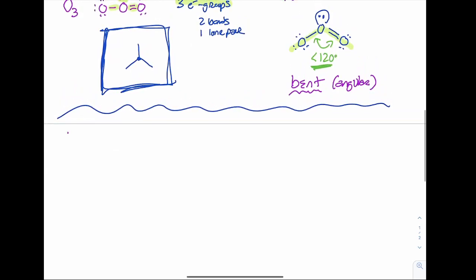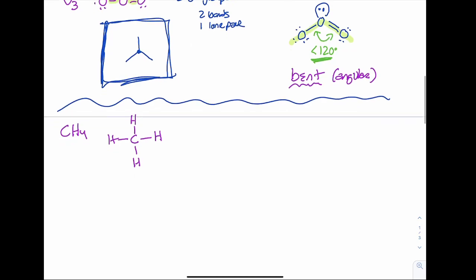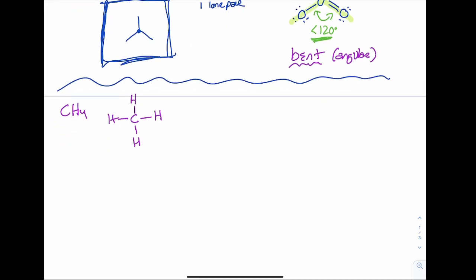So CH4, and then again we need to draw the Lewis structure, and when I do that I end up with carbon in the middle and bonds to 4 hydrogens. So this one is going to have 4 electron groups, right? I have 1, 2, 3, 4.